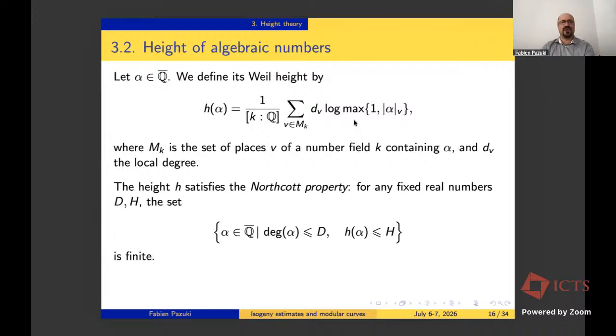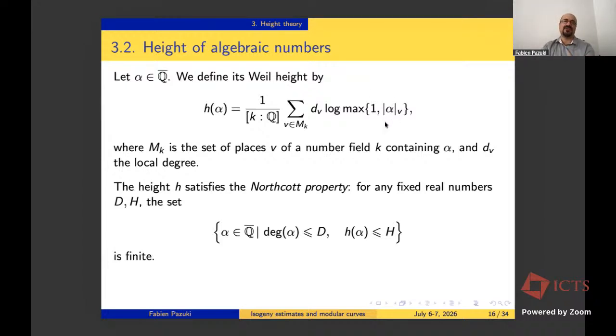Well, is it well-defined? I mean, we do sum over infinitely many absolute values, right? Because you have one for each p-adic place, and you have infinitely many primes. So a priori, this is a series. Of course, when alpha is a fixed number, this absolute value is not 1 only for finitely many places.